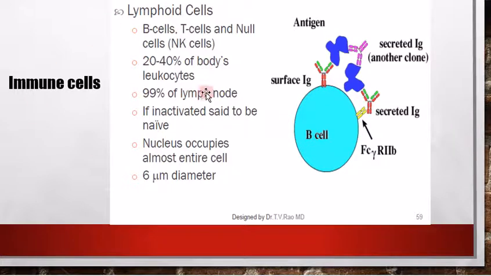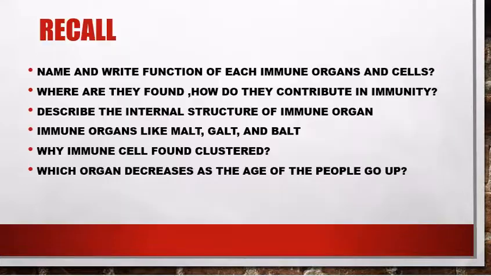However, here it shows the size of these B cells and T cells, and how many B cells and how many T cells are present in the lymph node, what percentage of particular cells are present in the lymph node.